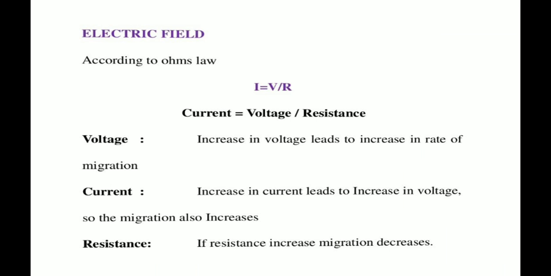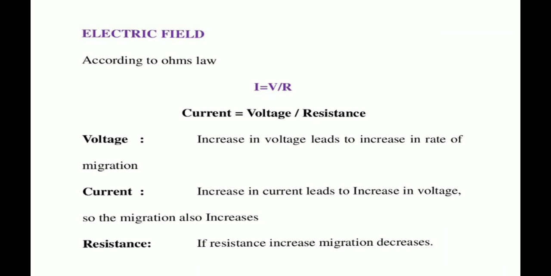ठीक आहे, then the next thing, that is electric field. So this is also a very important factor that affects the rate of migration. So electric field is a property that describes the space that surrounds electrically charged particles. ठीक आहे, जर तुम्हाला definition बघायची असेल इलेक्ट्रिक फील्डची, so you can say that it is defined as the electric force per unit charge. ठीक आहे, that is your Ohm's law.